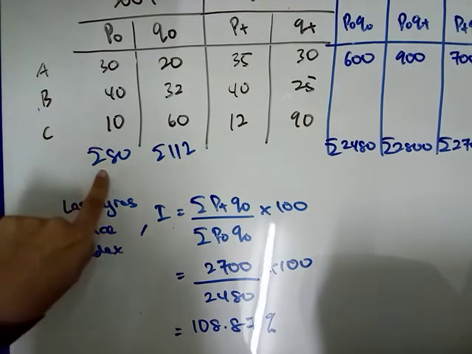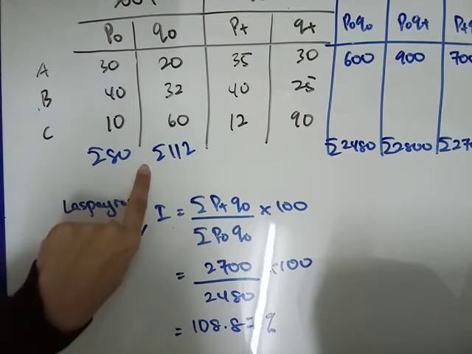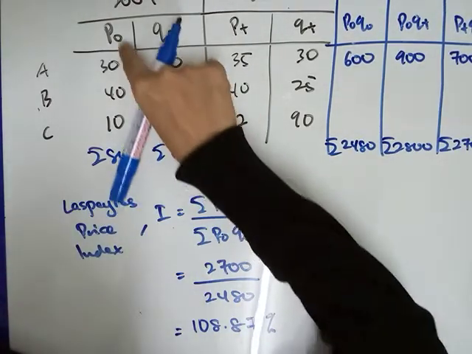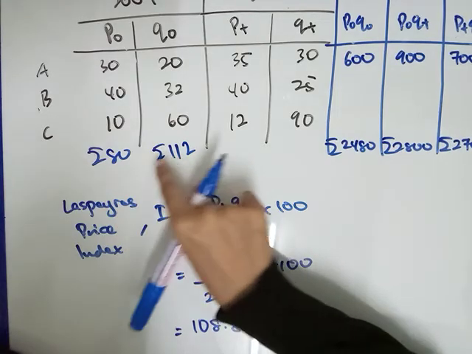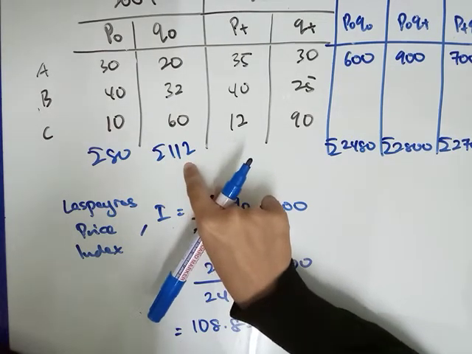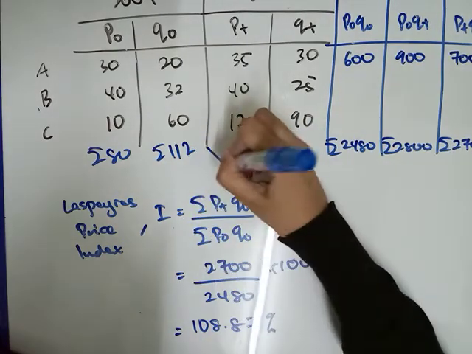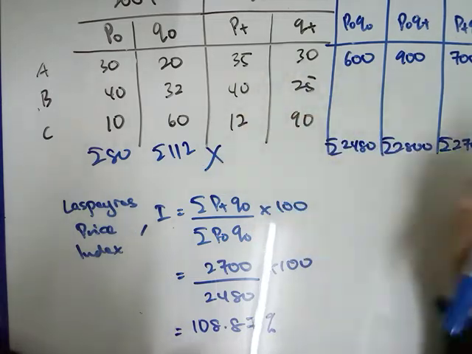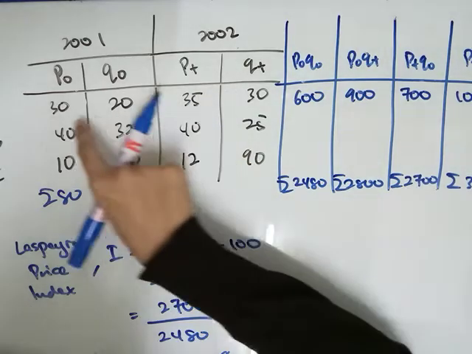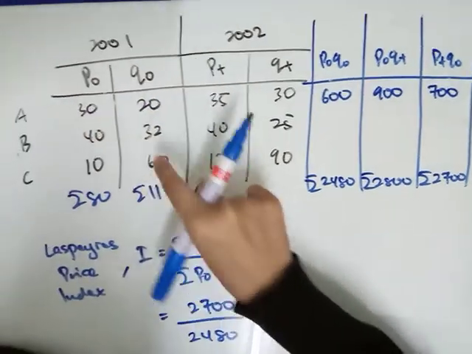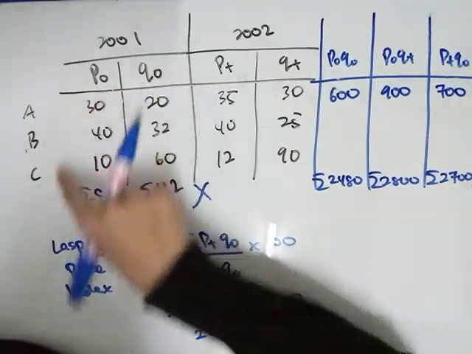Right? 112. Okay. So, some people total up like this and only then multiply. That means they total up P naught, total up Q naught, and then multiply 80 by 112. The concept is wrong. This is wrong. Okay, you must calculate the product of P naught Q naught for each item A, B and C. Don't total up all the items and then multiply.